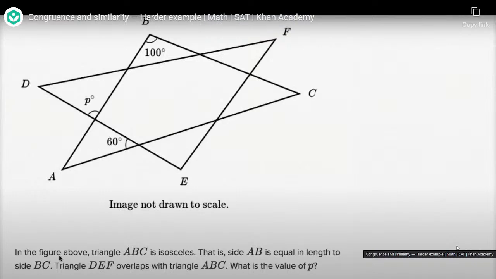Assignment. ABC is isosceles. ABC is isosceles, so AB maybe equals BC.